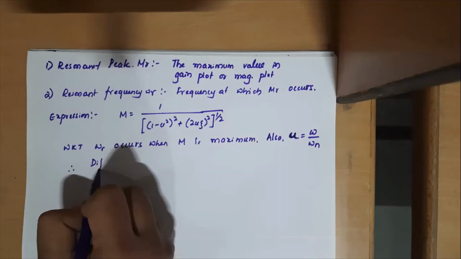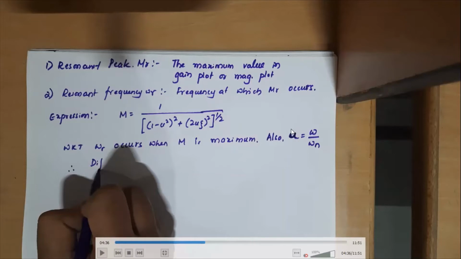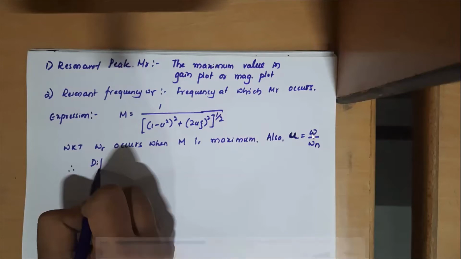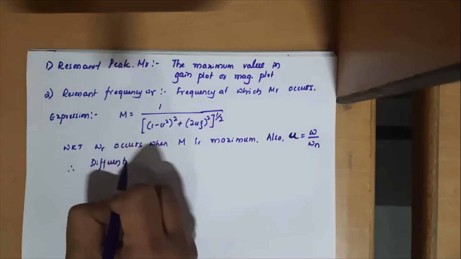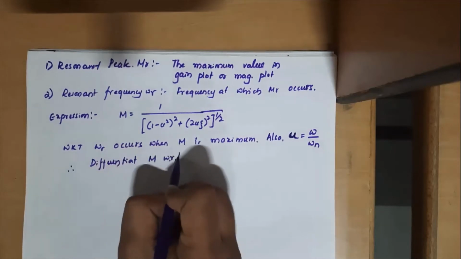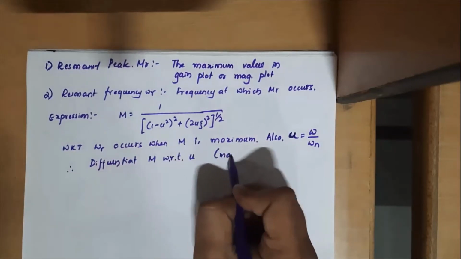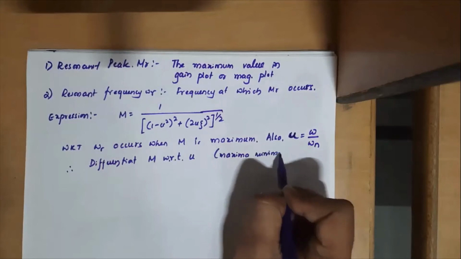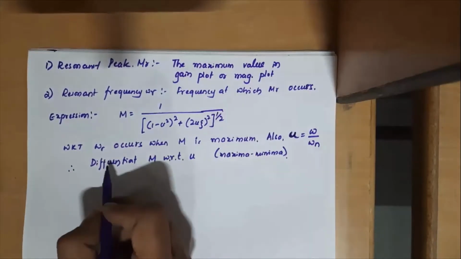Without harming the actual mathematics, we can differentiate this M with respect to u, and later make a substitution for u to find the expression for omega. So what we do in the next part is differentiate M with respect to u using the maxima minima concept.